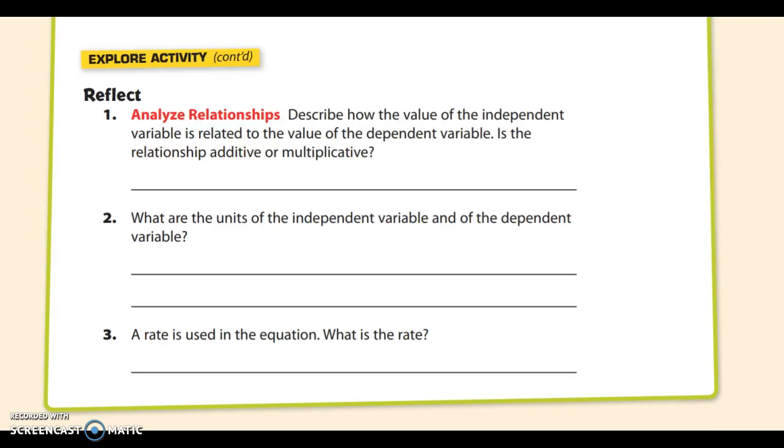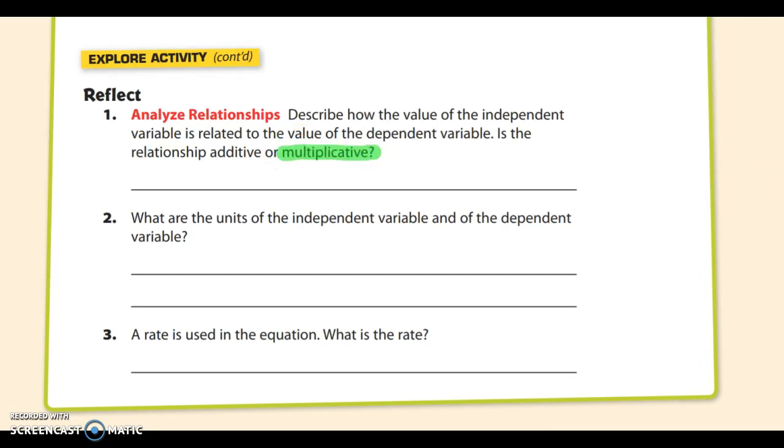All right, number 1, analyze relationships. Describe how the value of the independent variable is related to the value of the dependent variable. Is the relationship additive or multiplicative? Well, we talked about it. Are we adding to get those values, or are we multiplying? It's multiplicative.